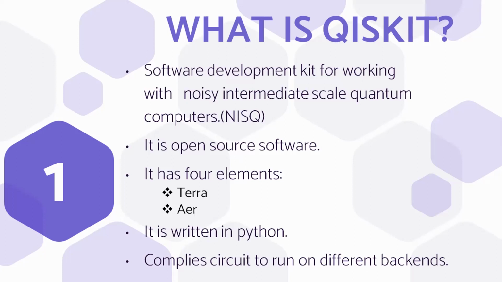And it has 4 fundamental elements in it. The first one is Terra, and it is called the Earth element, and it is also the foundation on which the rest of Qiskit lies. So it's basically the base layer, and it provides the interface between hardware and software.